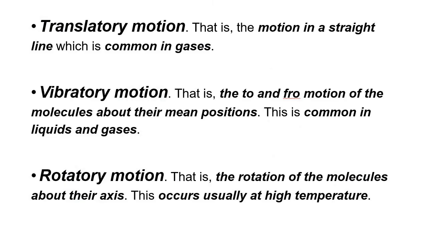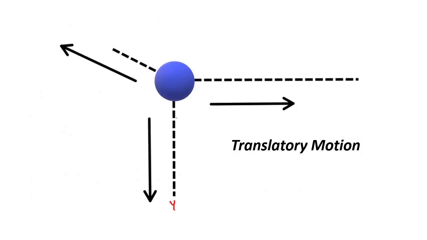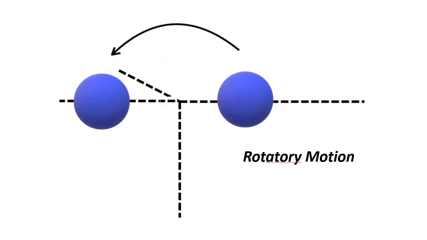First, translatory motion, which is the motion of the molecules along any straight line. Basically the three coordinate axes x, y and z are taken as reference, but it can happen along any straight line. Then we have rotatory motion, which is rotation about any fixed axis.